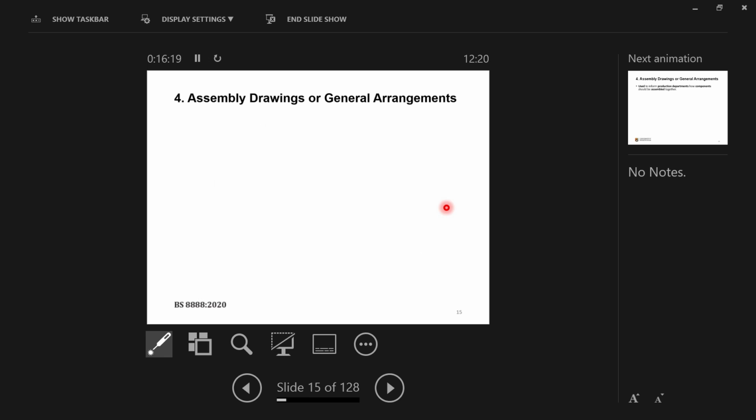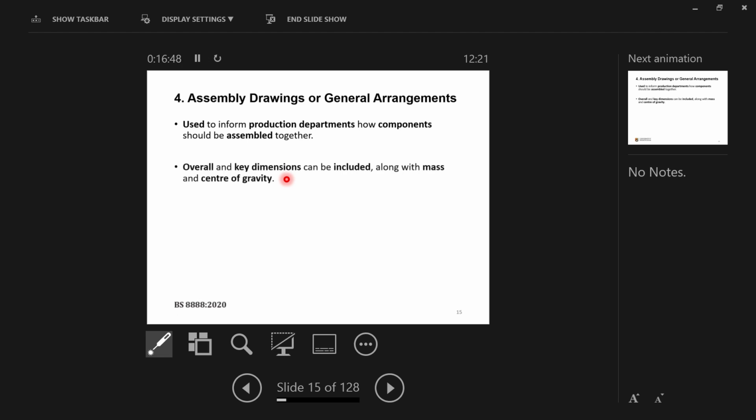The fourth category is assembly drawings or general arrangement, or sometimes they call it general assembly drawings. They are used to inform the production department on how components are assembled together, because assembly drawings mean that after you manufacture the individual components, you just need to assemble them together in order to have a useful functional assembly.